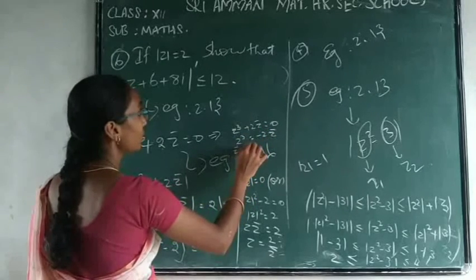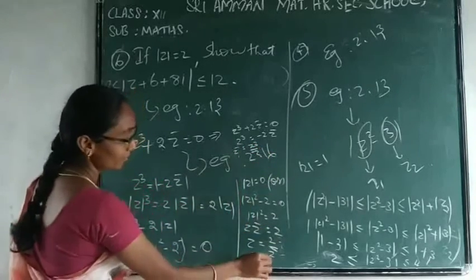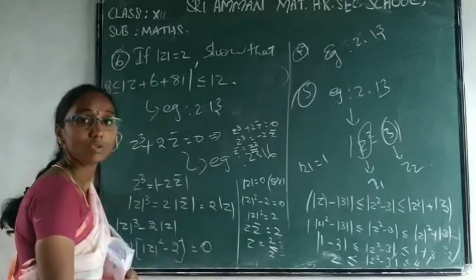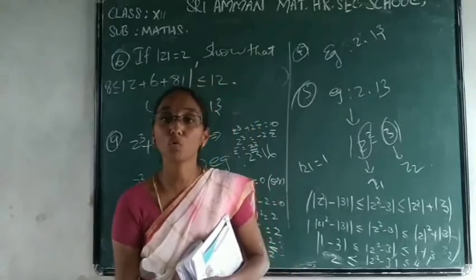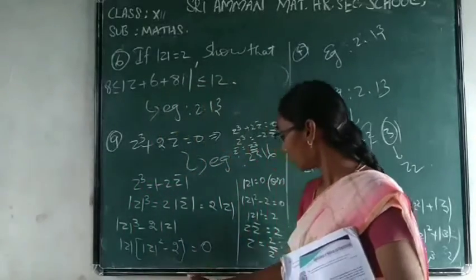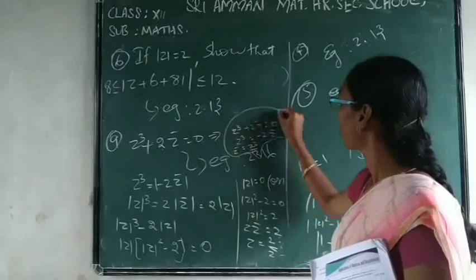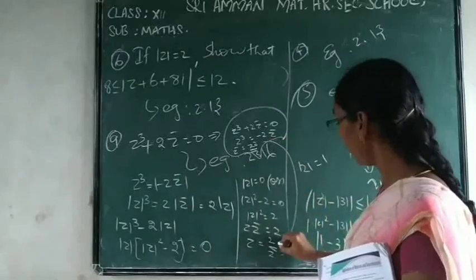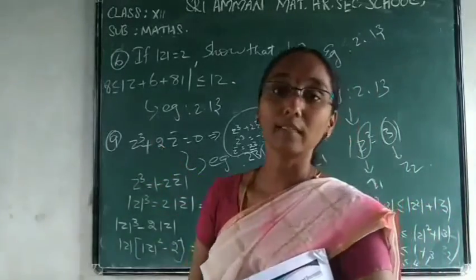So z bar equal to z cube divided by minus 2. You substitute this value and then on the left hand side you get z power 4. Already one solution is z equal to 0. I give the hint only, you do this sum. With this hint, substitute the z bar in this way and you get the answer.